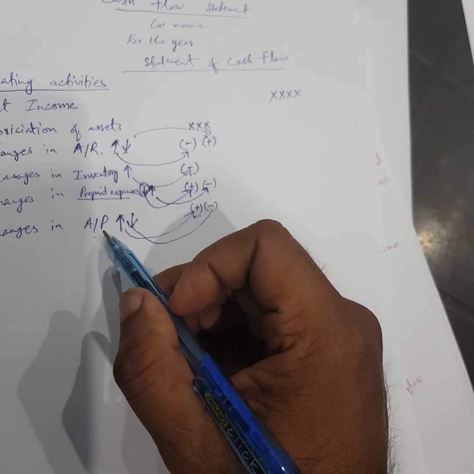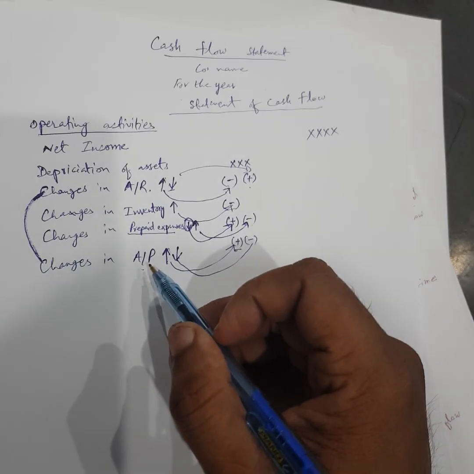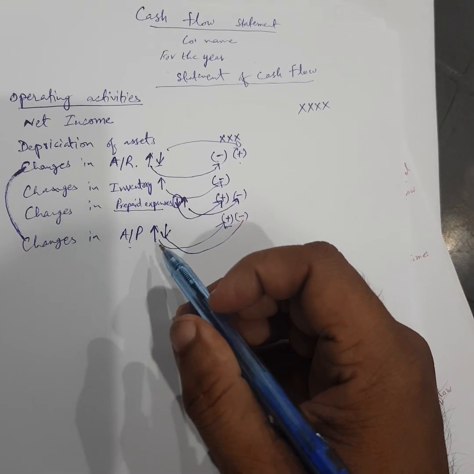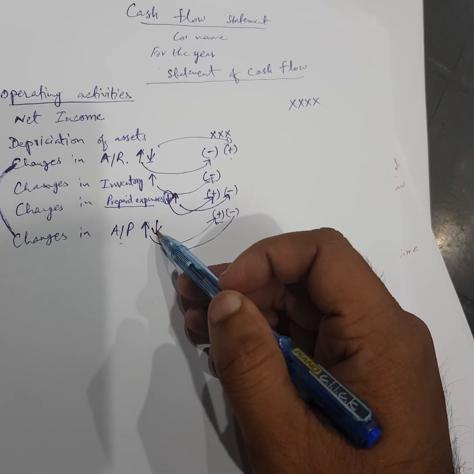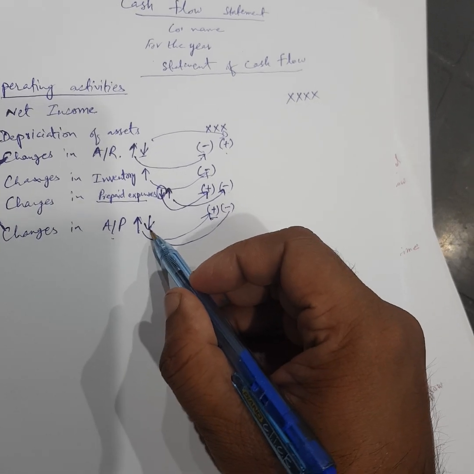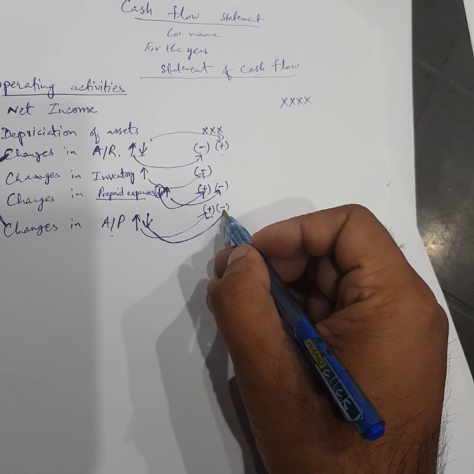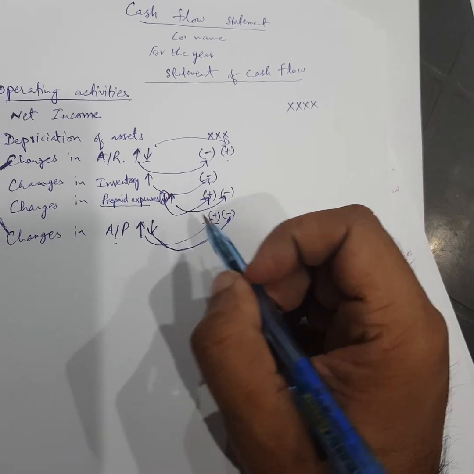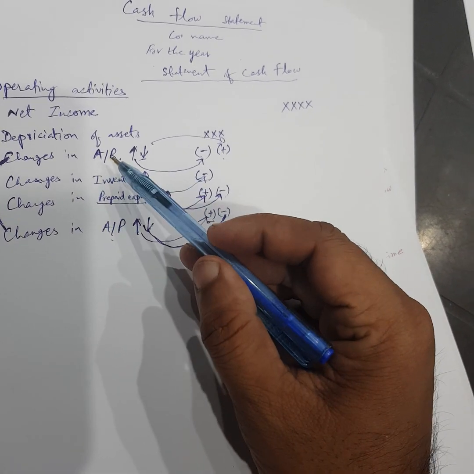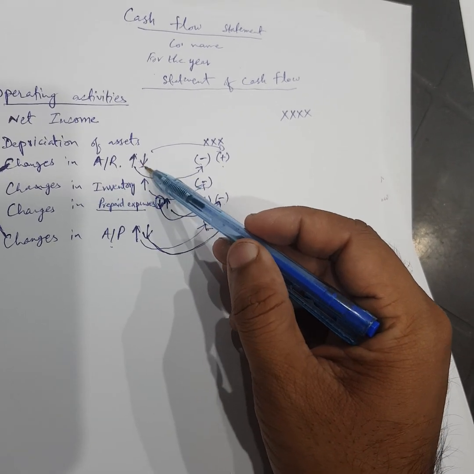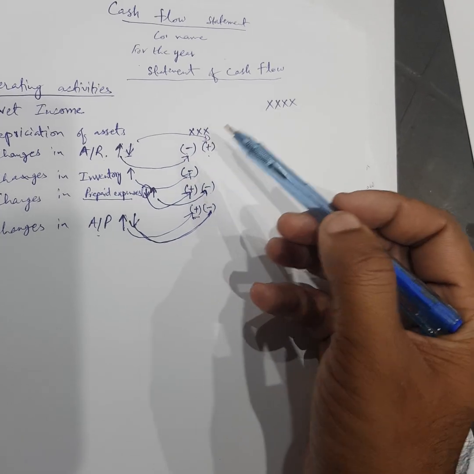In the same way, when our account payable declines, it means we are paying off our liability, and because of it our cash goes out. But whenever we are receiving the account receivable and it is declining, it means our cash comes in.